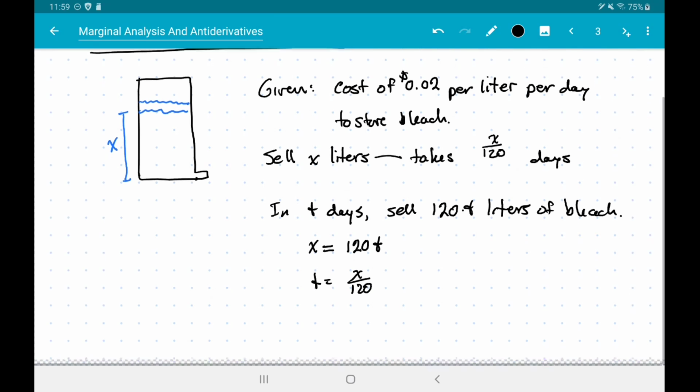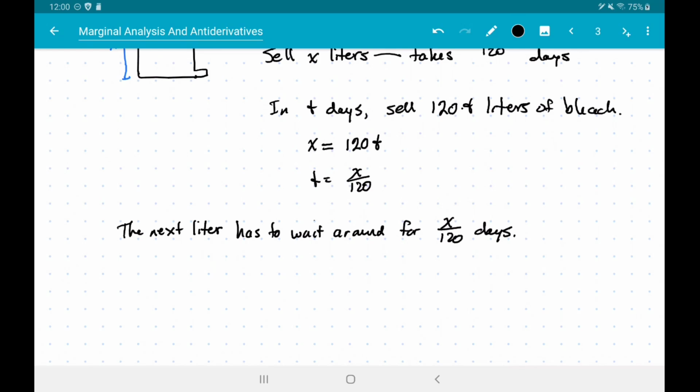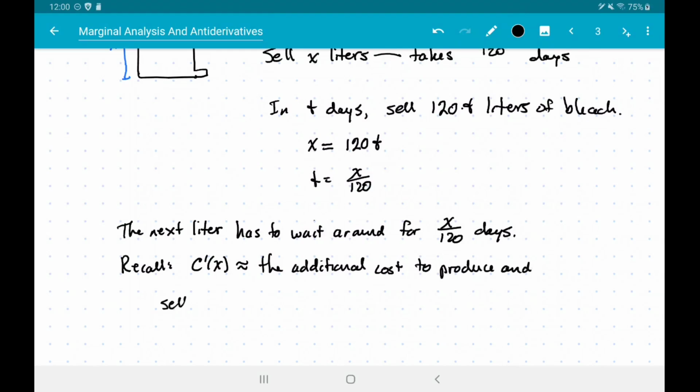Well, what does that buy us? That means that the next liter has to wait around for X over 120 days. Here's where the marginal analysis comes in. If you'll recall, C prime of X is approximately the additional cost to produce and sell one more unit.